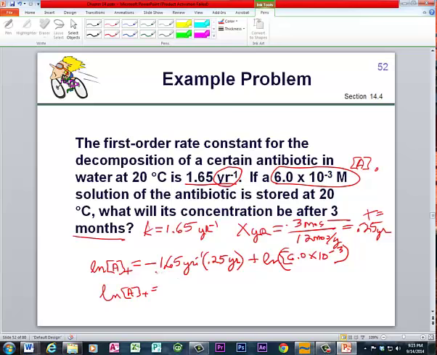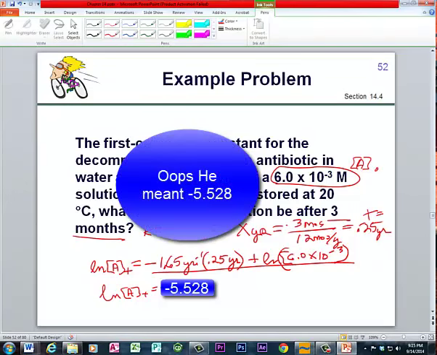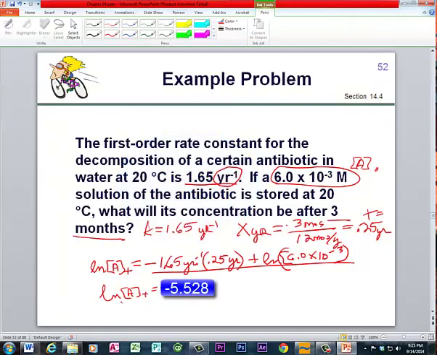And when we solve this expression in our calculators, we wind up with minus 55.28. Now, this is considered to be unitless because it's the natural log. In order to get rid of the natural log, we need to take the antilog of the natural log, which on your calculator is a little key E, and that is the antilog to the natural log. So we'll go ahead and take the antilog of this term.